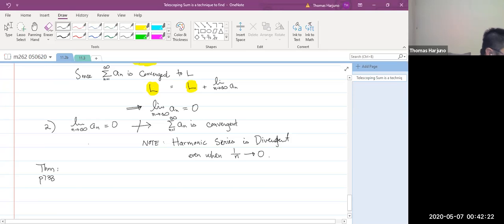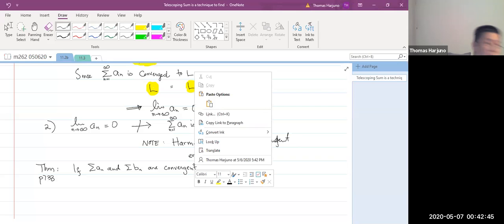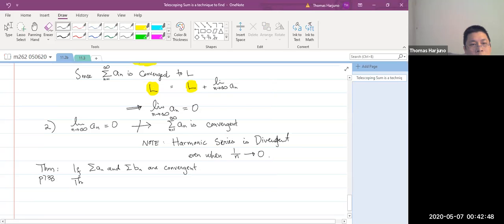Some theorems say that if the series for A and the series for B are convergent, then first, the sum of a constant multiple of the sequence is equal to the constant multiple of the series.